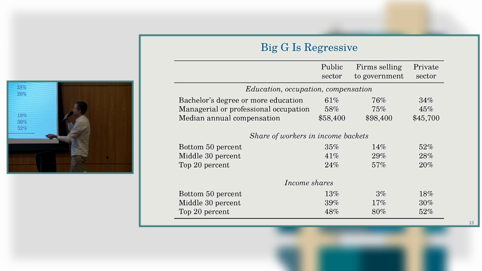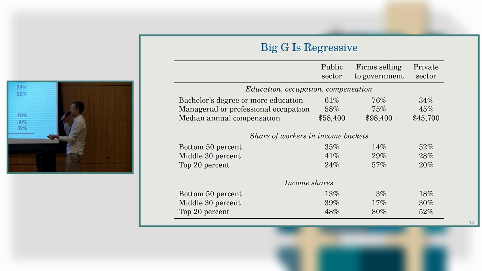Unconditionally. So if we look at the distribution, 52% of all workers in the private sector are in the bottom 50% of the population. That's kind of normal. But in the public sector, only 35% of public workers are in the bottom 50%, and 65% of the public workers are in the top 50%.